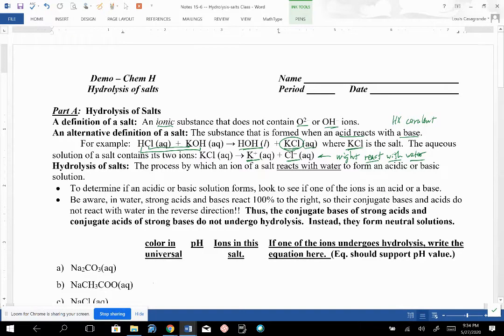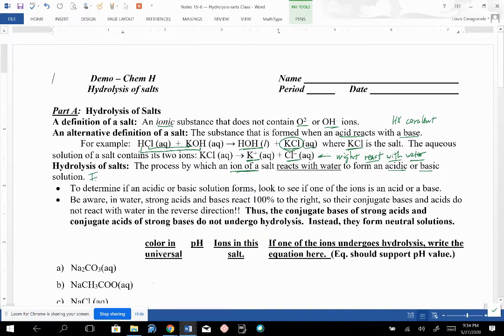So hydrolysis of salts is a process by which one of those ions, or both of them, but usually it's only one, reacts with water. And when it does, this is the cool thing, it reacts with water to form an acid or a base, because that ion itself is acidic or basic.